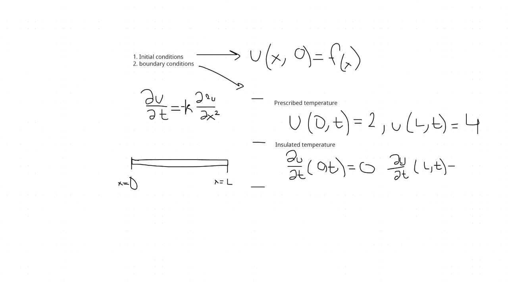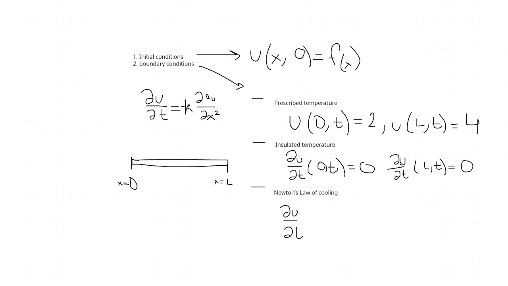And then finally, the last boundary worth thinking about is Newton's law of cooling, which uses physics to think about these boundaries. The idea is that there's probably a different material connected to the boundary that's at a different temperature. And so we want to assign these boundaries as a function of that change in temperature.